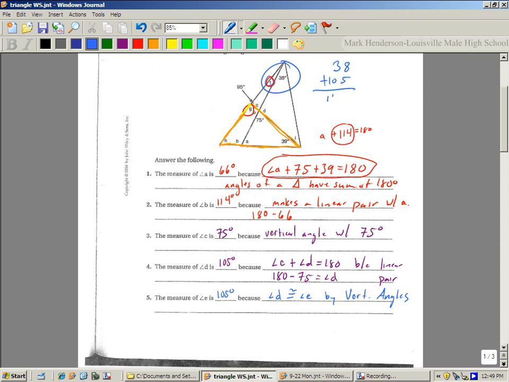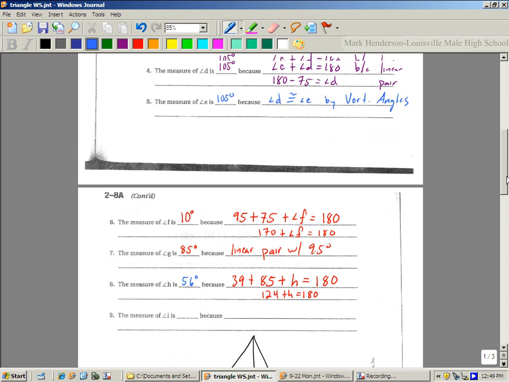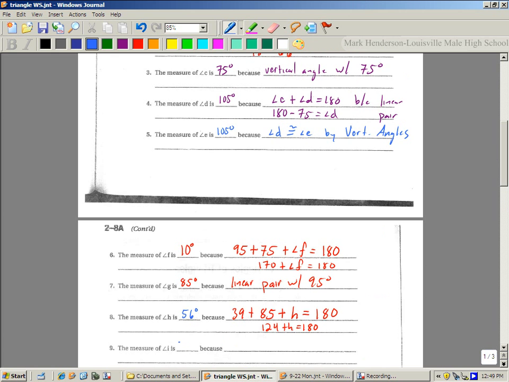So that's 143. So 180 minus 143 is 37 degrees. So it is 37 degrees.